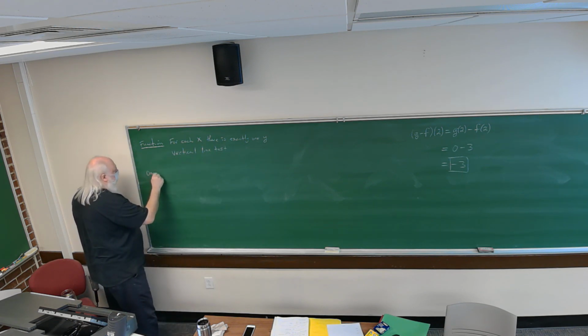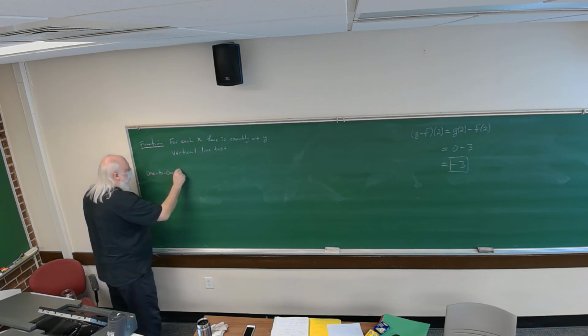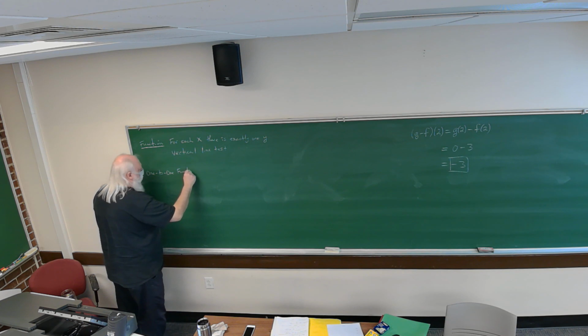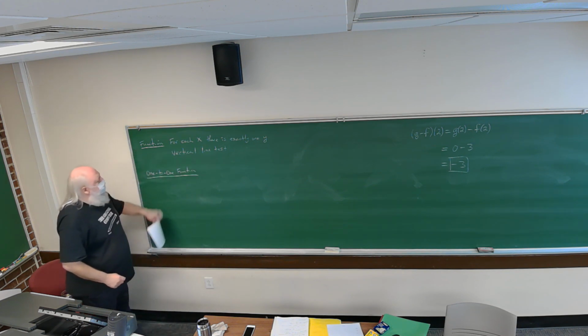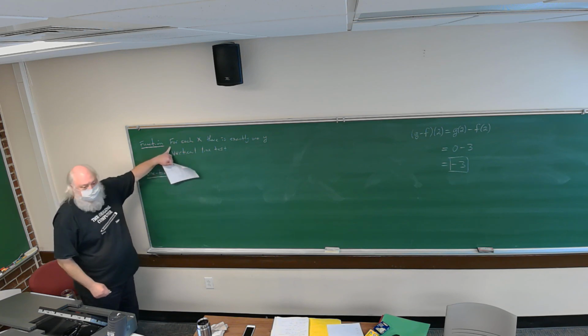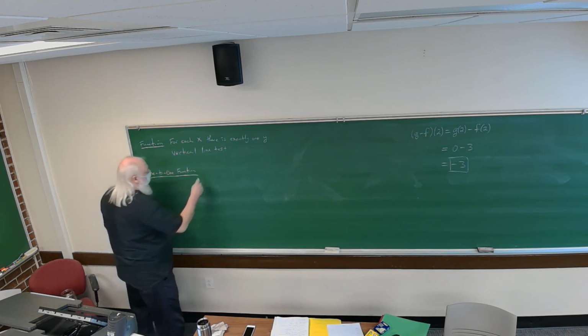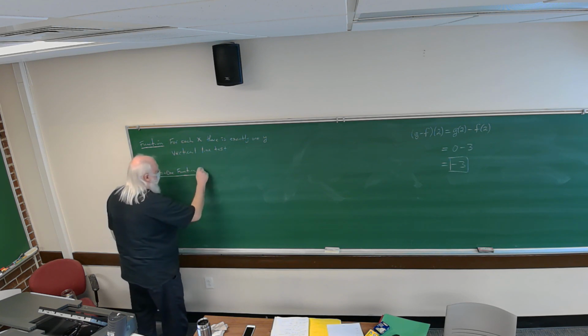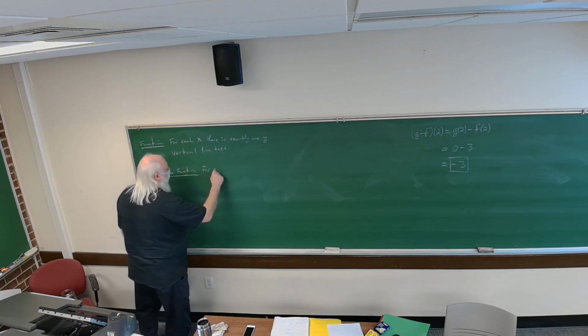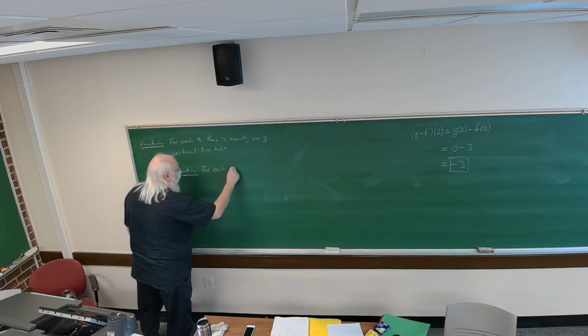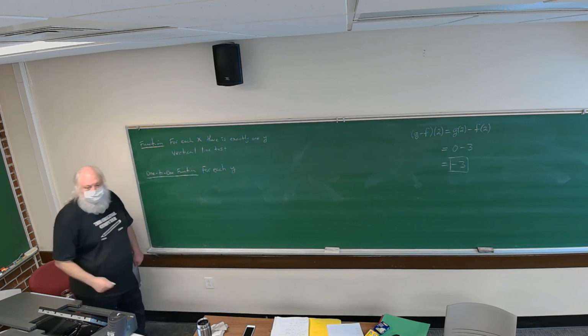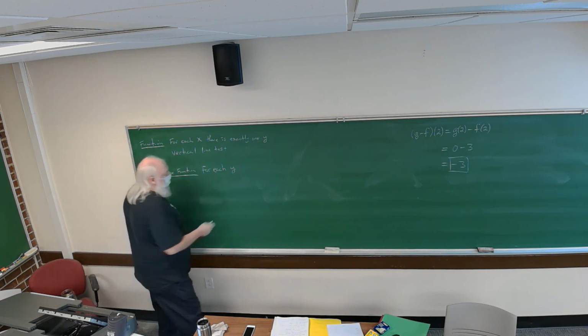Not all functions are one-to-one. Some functions are one-to-one functions, some are not. A one-to-one function meets this definition, but it meets the additional definition that for each y, there is exactly one x.